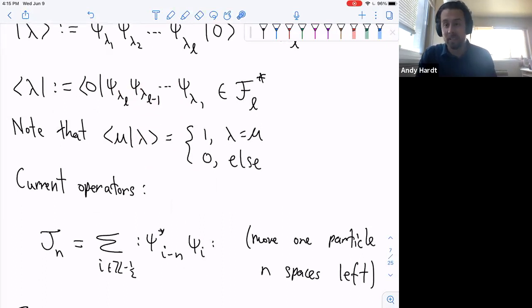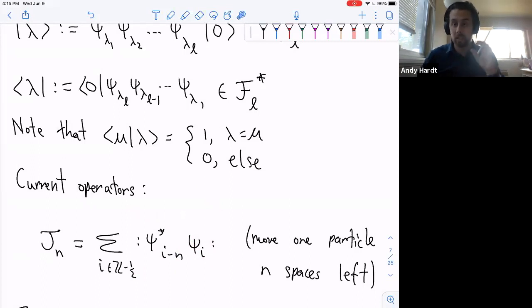Okay, so more notation. There's a lot of notation here. I cut a lot of it actually. But we have certain current operators, J sub n's. And again, these are part of our Lie algebra. So we delete a particle at i, and we move it n spots down. Basically this says, wherever you have a particle, try to move it n spots left.